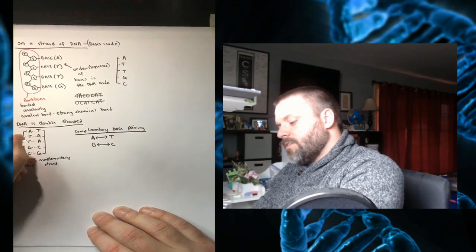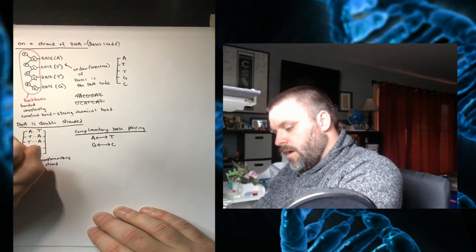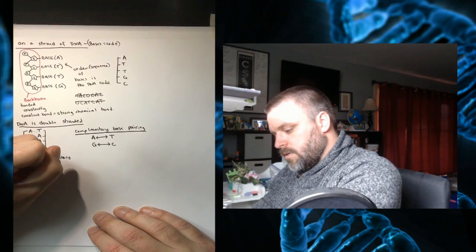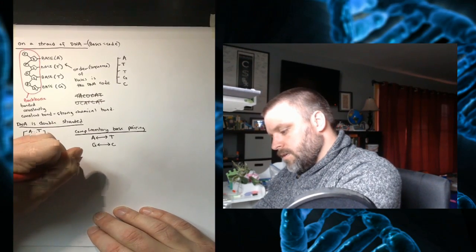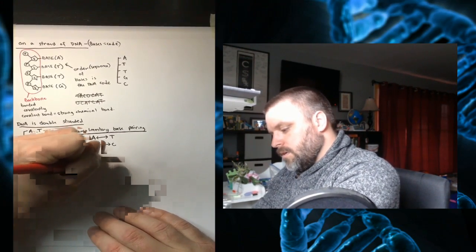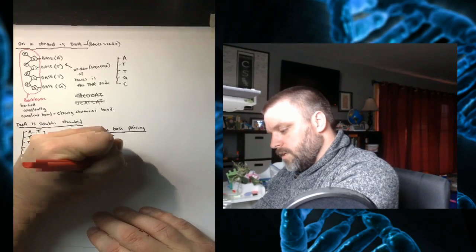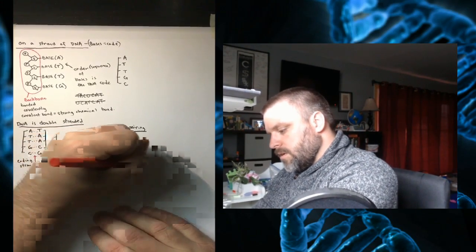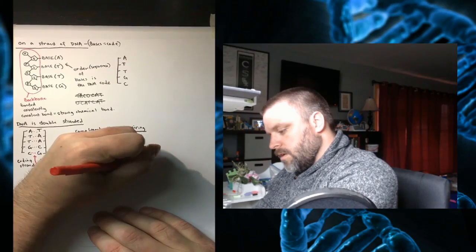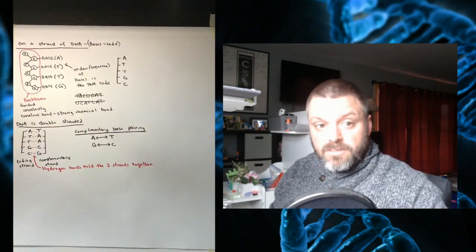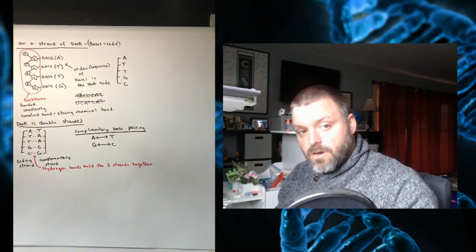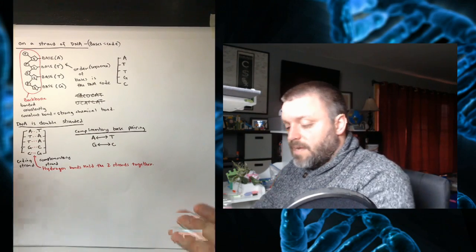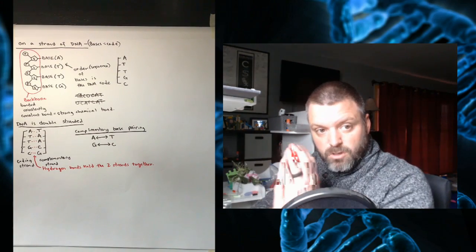This is what is called hydrogen bonds. So hydrogen bonds hold the two strands together. Hydrogen bonds are pretty strong bonds, but they're not as strong as covalent bonds. And the reason why is because this strand is going to have to open and close many times.